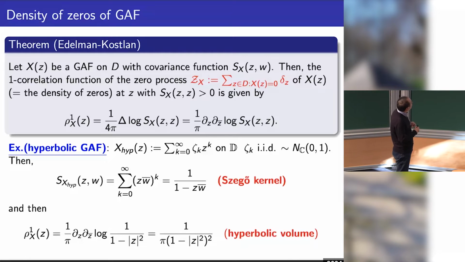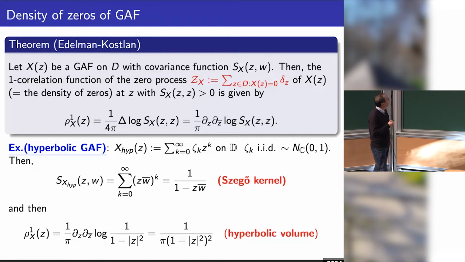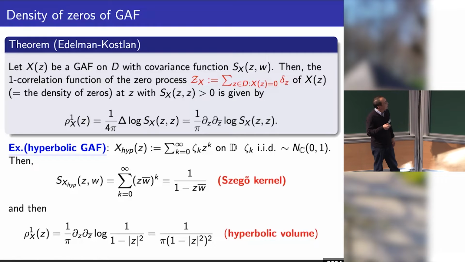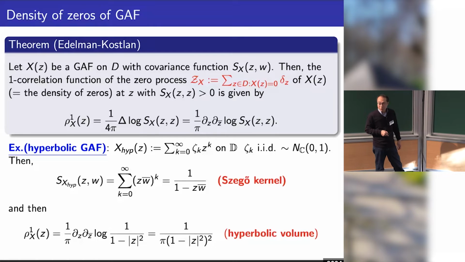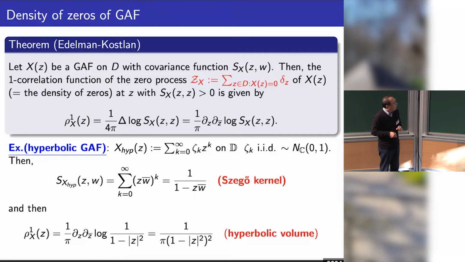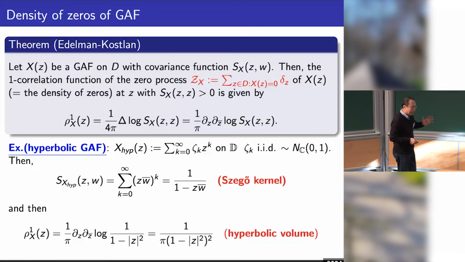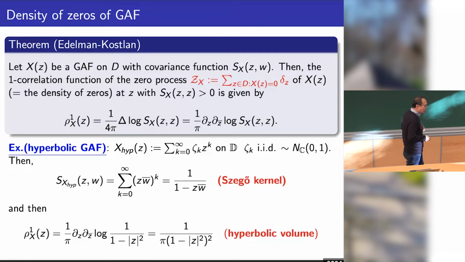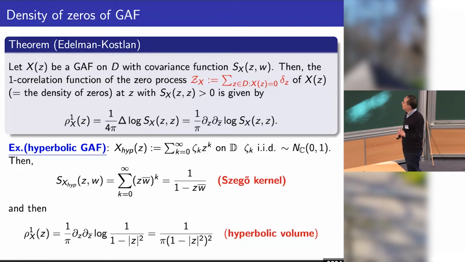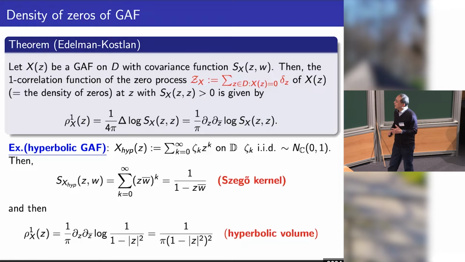For example, for this hyperbolic GAF, the covariance kernel is the Szegő kernel. And you just take this derivative, then you will get the hyperbolic volume. So it's called the hyperbolic GAF. There are many variants of this kind of thing, but the hyperbolic GAF is one of the nice GAFs with some symmetry.